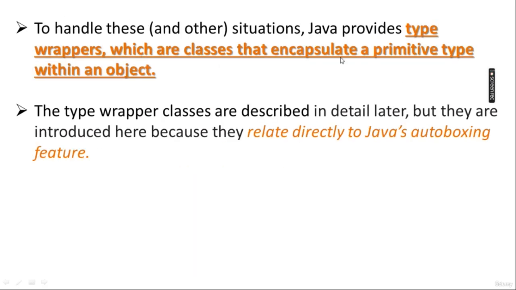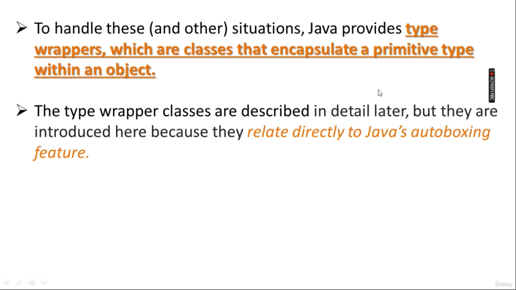To handle these situations, Java provides type wrappers, which are classes that encapsulate a primitive type within an object. So a primitive type will be wrapped within an object, and the resultant output is a type wrapper. Like Integer, the complete name, Integer, is the base class for primitive type int.